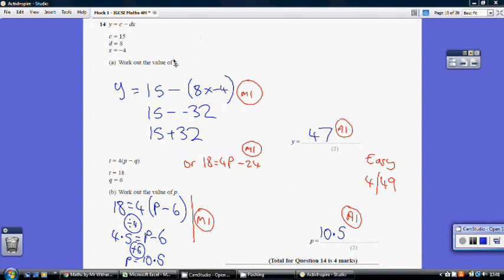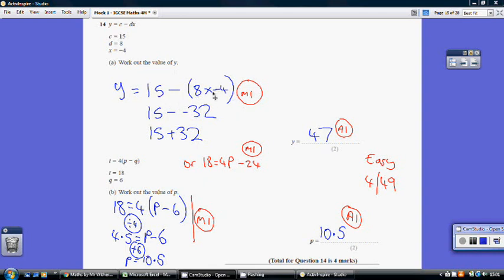Question 14. So work out the value of y when we've been given c, d and x. So first things first, just substitute in. Replace these letters with these numbers. So y equals c, which is 15, then take away d times x, which is 8 times minus 4. 8 times minus 4. And you've got a mark for that.